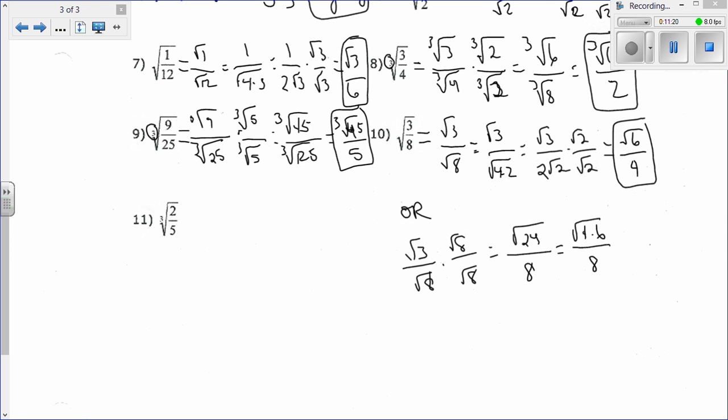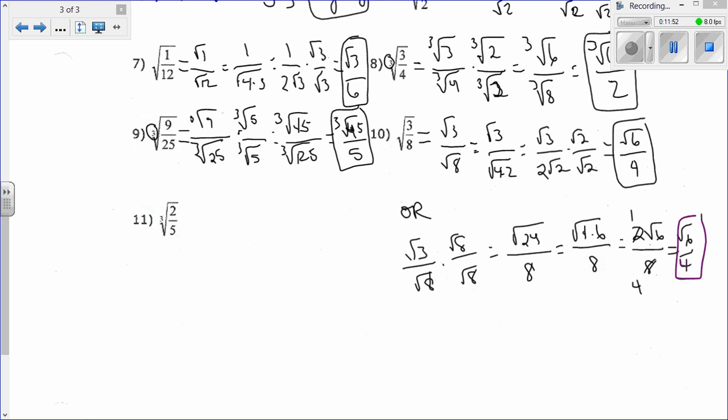The square root of 4 is 2. Radical 6 over 8. And the 2 becomes a 1, and the 8 becomes a 4 when I reduce. So it's radical 6 over 4. Both methods are appropriate. Both methods are fine. I don't care which method you choose, just pick one and either stick with it or try to pick the easiest one for that particular problem.